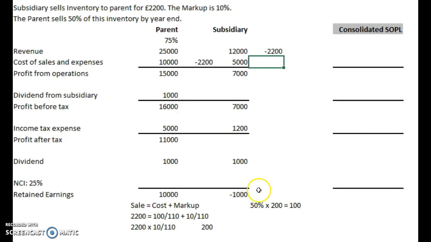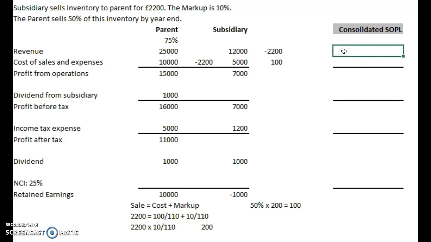And like before, the selling entity has to reduce their profit by the unrealized profit amount, and we do that by increasing their cost of sales by £100. The subsidiary sold to the parent, so the subsidiary's cost of sales is increased by this unrealized amount. And then that's all the adjustments done.